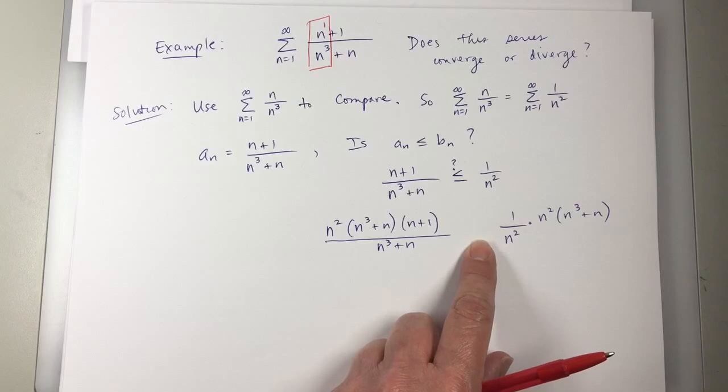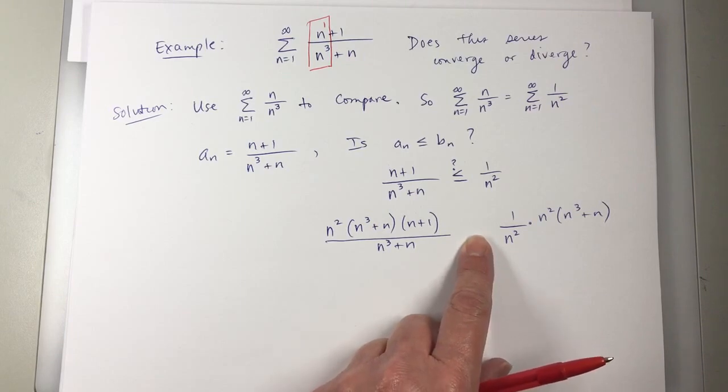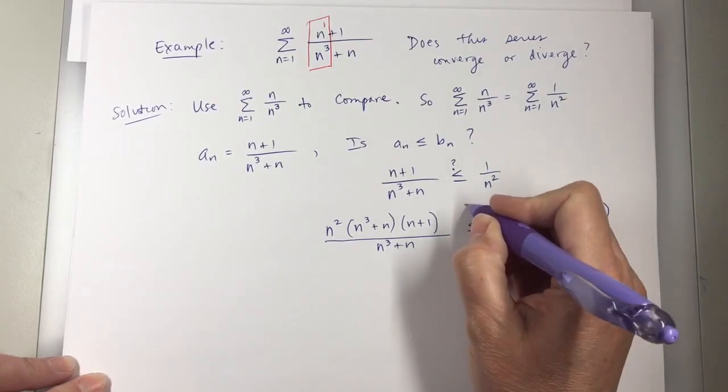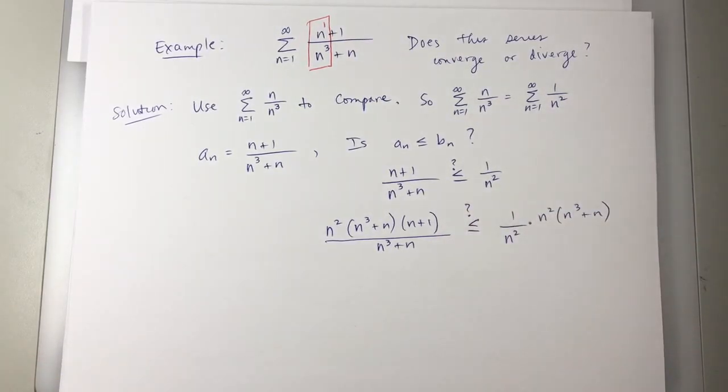Do I need to flip the inequality sign? Remember, high school on inequality, if you were multiplying or dividing by a negative number, you had to flip it. Do I need to flip it? No, because n is going to infinity. So that's less than, and this is still my question mark.